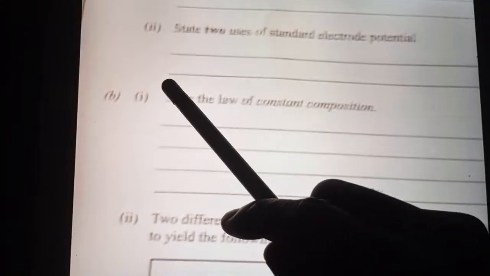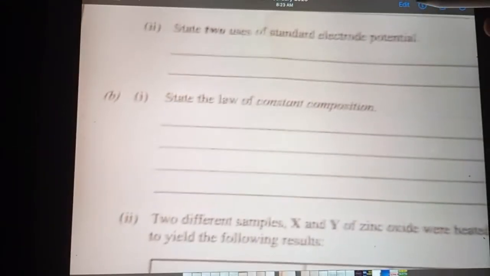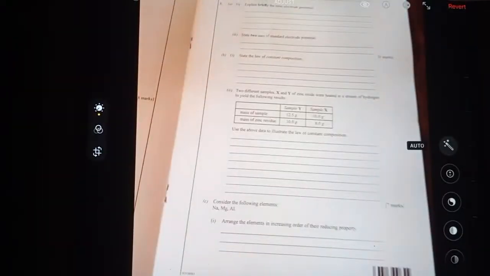Is the potential difference set up when a metal half cell is connected to hydrogen half cell. That's hydrogen, we call it standard hydrogen electrode. That's the determinant. When you connect metal to standard hydrogen half cell at 25 degrees and the solution is 1 molar.